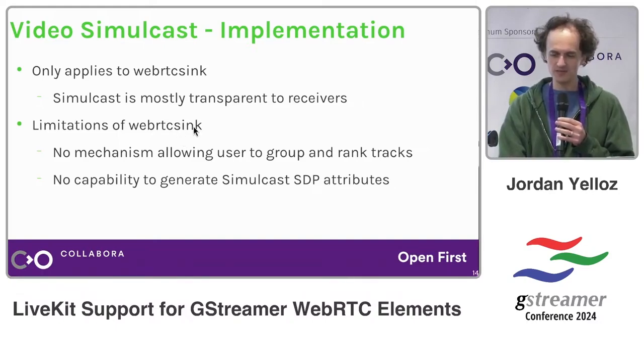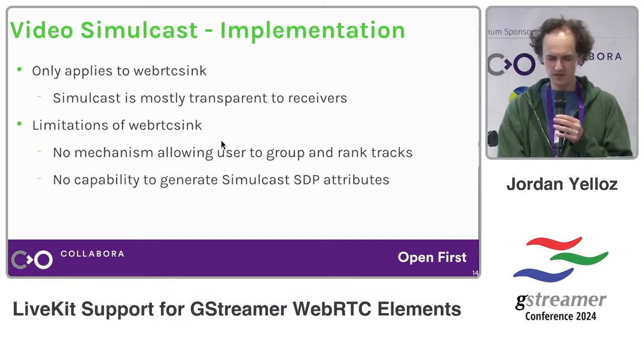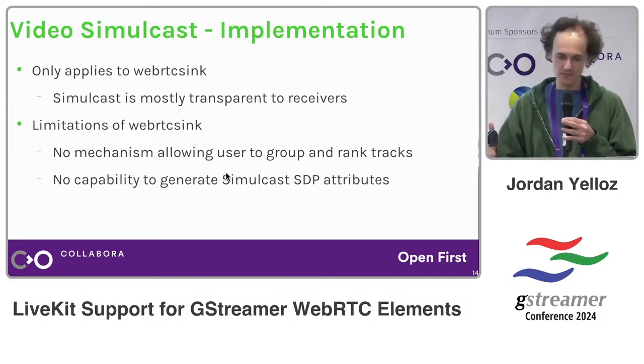So F will mean full size, H will mean half size, and Q will mean quarter size. I believe that might be in the standard, but I could be wrong about that. Currently the existing implementation doesn't have the ability to do any of that, although the WebRTC bin itself does. So we just have to add the wiring between the two.